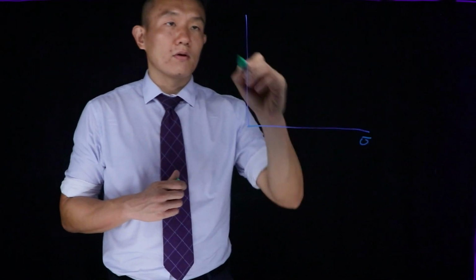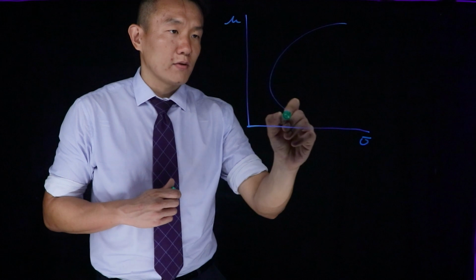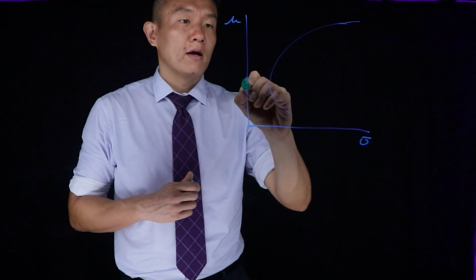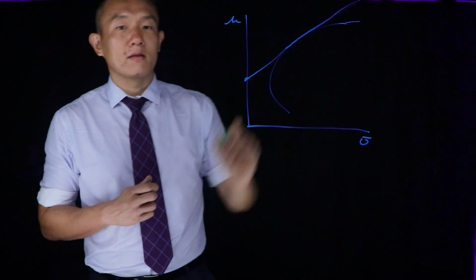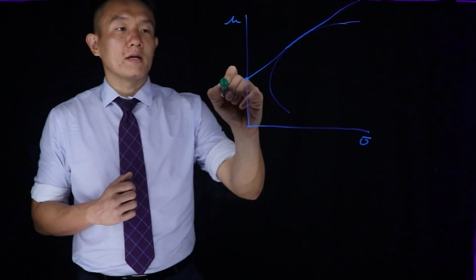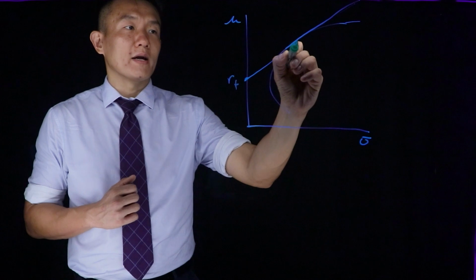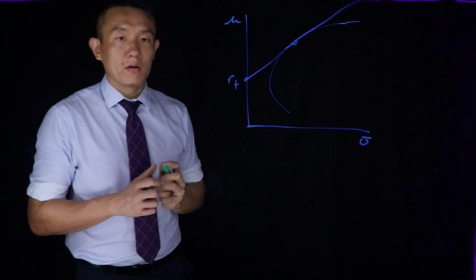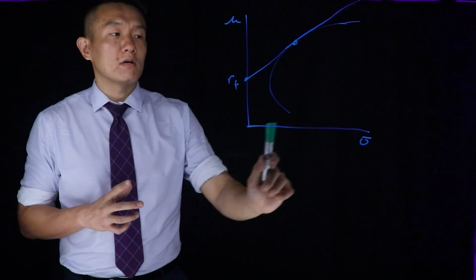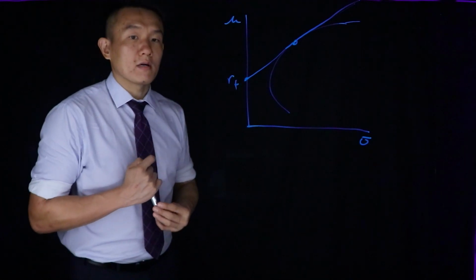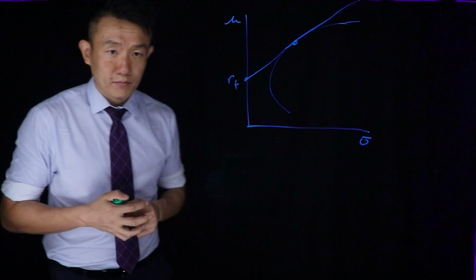If you remember those CAPM diagrams, we have our efficient frontier here, and we have our tangency portfolio. Moving up in this direction essentially means that we're borrowing at the risk-free rate in order to buy more of the tangency portfolio, which means that we're increasing our mean return, but also increasing our exposure to risk.